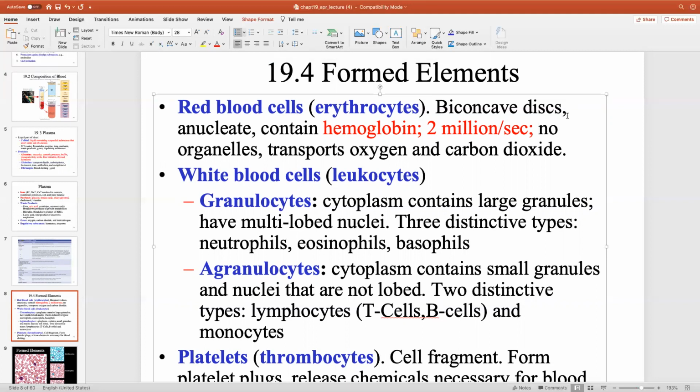So the main purpose is to transport oxygen and carbon dioxide and, right, to ensure that they don't use the oxygen they're carrying. There are no mitochondria. There's no nucleus. The sole purpose is to clear out everything in the cytoplasm and get as much hemoglobin in as possible, so then we can carry as many oxygen molecules as possible.